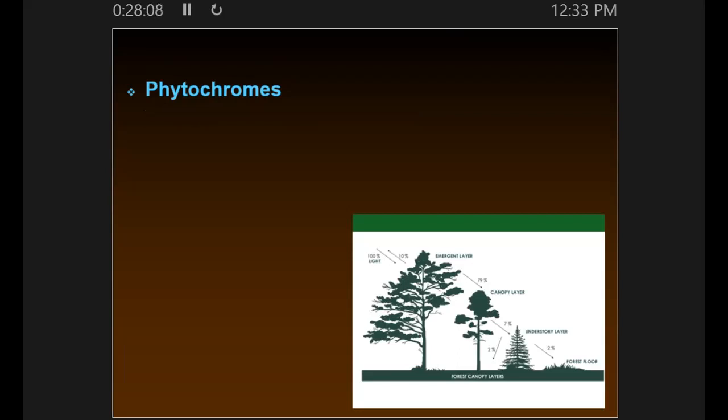Yes, they use it for photosynthesis, which we'll talk about, but they also are doing it for this phytochrome thing. So that means the upper story trees, if they're getting hit with full-on sunlight, the red light's hitting their body, and so they're going to have a lot of Pfr in their body. And that's telling them, oh, I'm in sunlight.